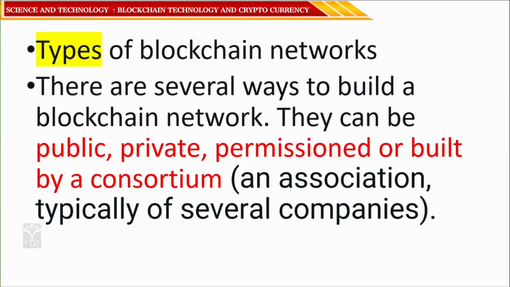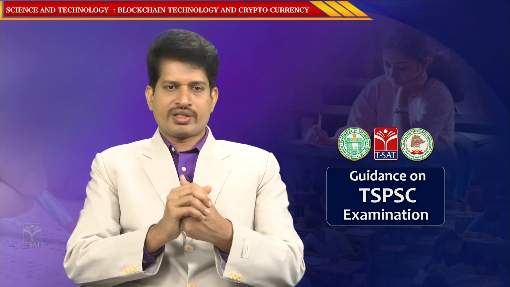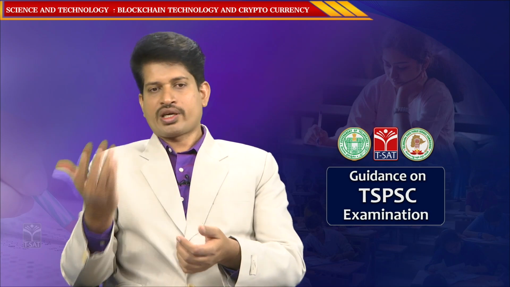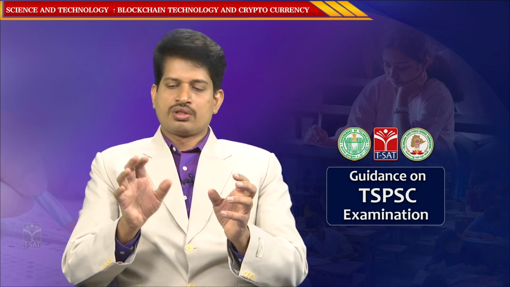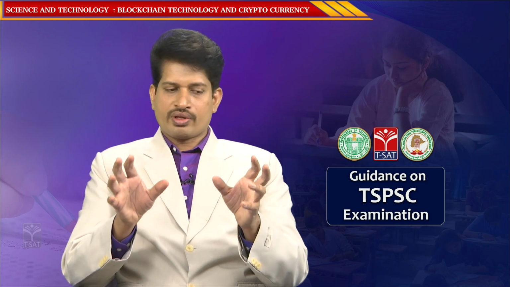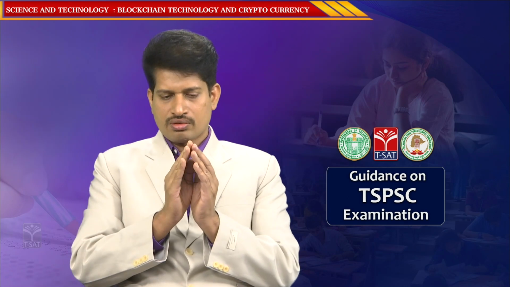And consortium means a block or a cloud into which you can enter with the consensus of all the members. For example, you can transact money from your bank account to another bank account, from SBI to HDFC, let us assume. So the data of HDFC and the data of SBI, the customers' ledger data, need to be maintained in a single cloud.